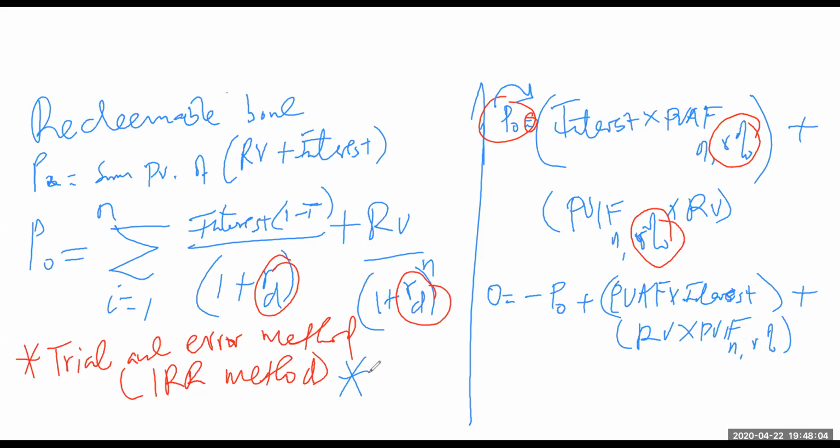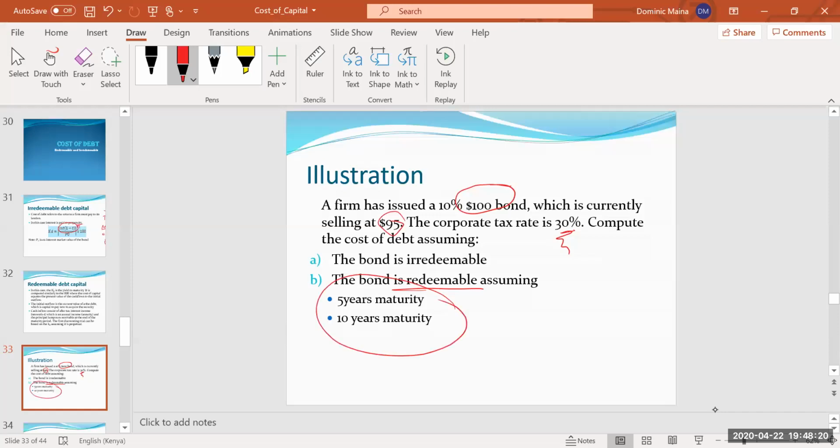Now, we want to get the cost of the same bond if this bond is redeemable. What I mean by that is, if you go back to a question here, we want to get the cost of the same bond if it's going to be redeemable in year 10 or redeemable in 5 years' time. So for this bond, the redemption is occurring in year 5.